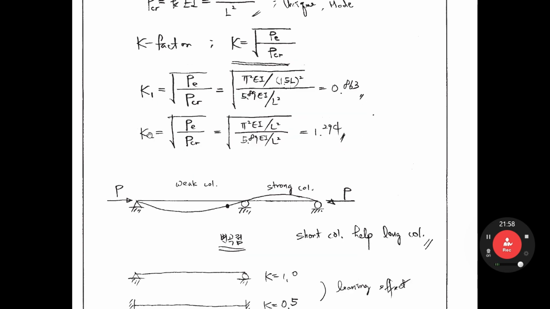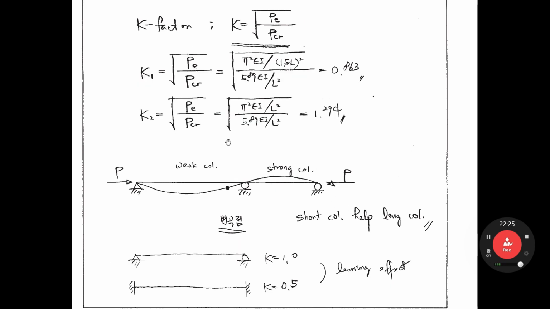Let's look at K2, this segment 2, square root of PE over PCR, input like that, then you get 1.294. So each segment has its own K factor like that. If you look at this figure, this length is short, this length is long. So a long column is weak basically, right?